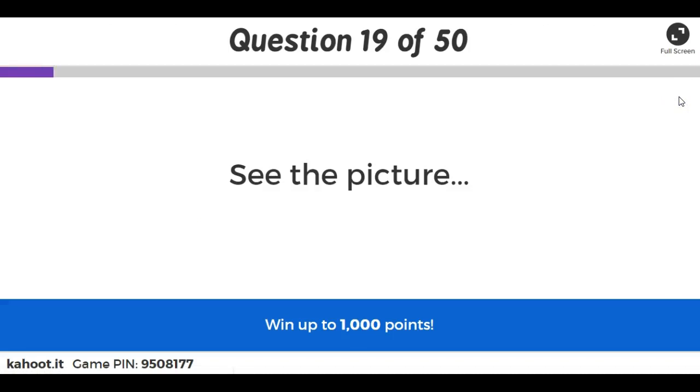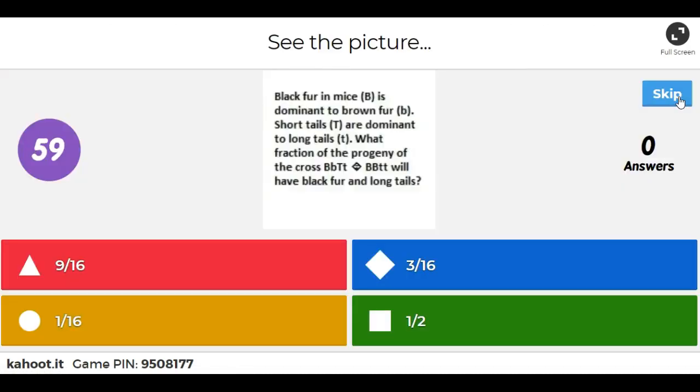All right, question 19. We're going to look at a picture. The wording was too long to get into it. So black fur in mice is dominant to brown fur, and short tails are dominant to long tails.